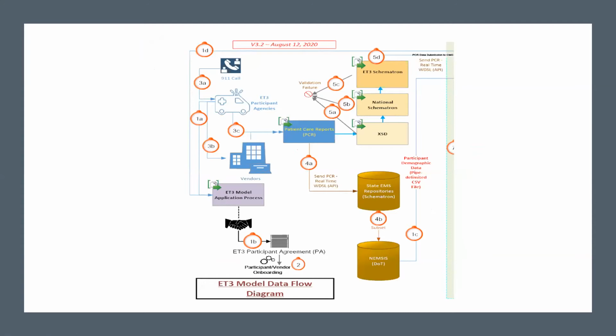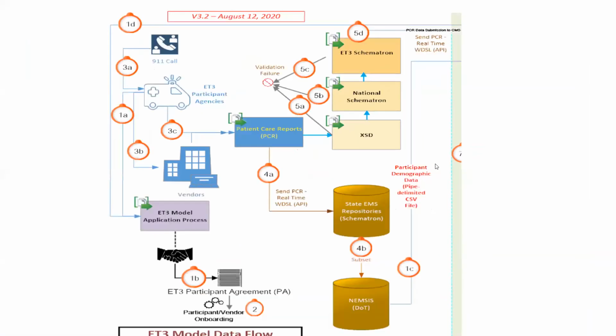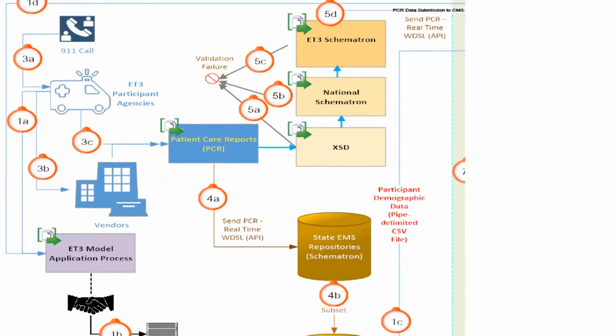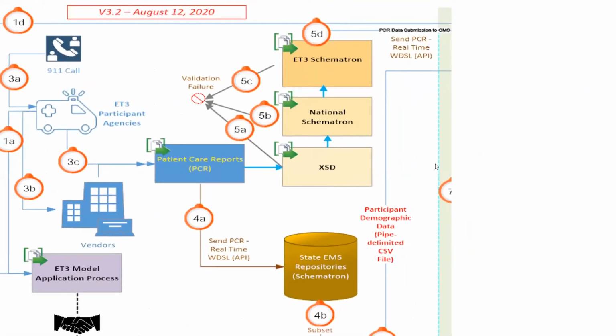So I'm going to come back up here, and again, we're on the left side of the diagram. I'm just going to zoom in. With the patient care report data that's coming in, there are 3 levels of validation that we're looking to do. So you're familiar with the XSD validation that takes place. And as you can see, at any point of the validation, there could be a failure. So I wanted to point that out with the arrows in the different flows of 5A, 5B, and 5C.